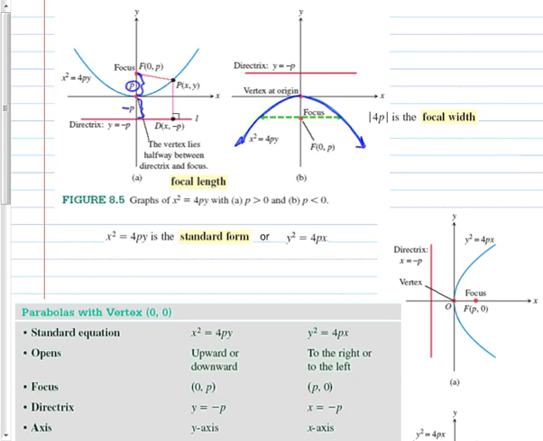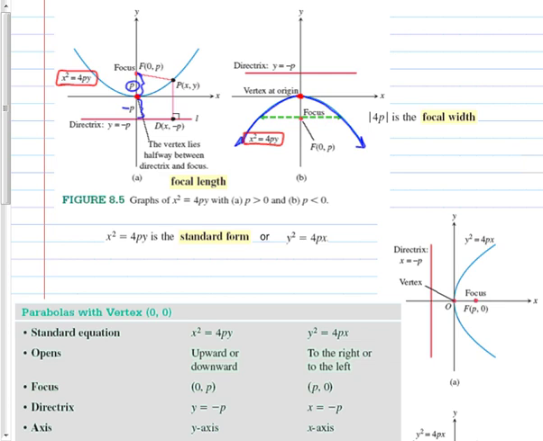Parabolas that open up or down are in this form: x squared equals 4py. These parabolas have the vertex right at the origin. We're starting with the easiest parabolas, with the vertex right at the origin. So both of these have the same equation, x squared equals 4py, where p is the distance between the vertex and the focus.